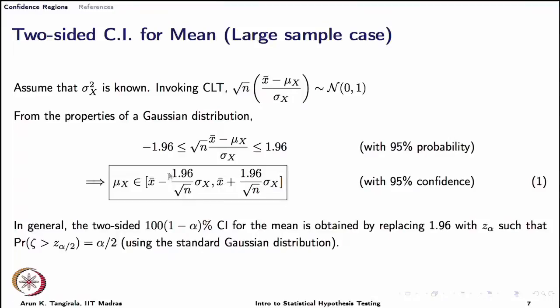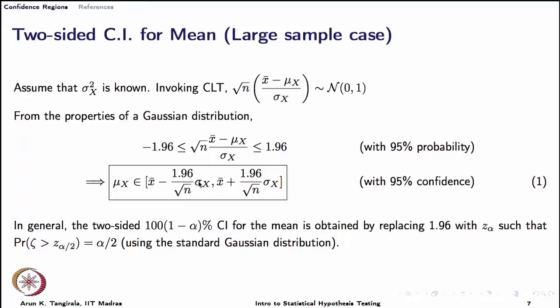So, you obtain the lower bound for mu by taking the upper bound for z, and likewise the upper bound for mu is obtained by looking at the lower bound for z. That is obvious because mu has a negative sign on it in the z.